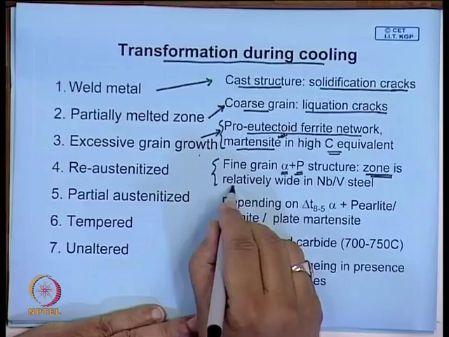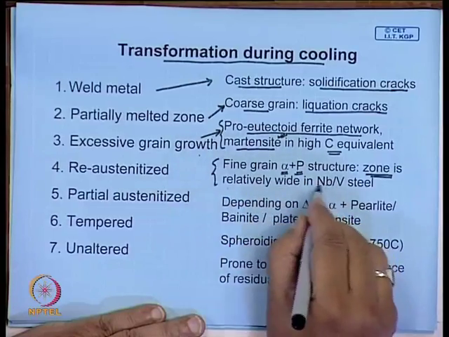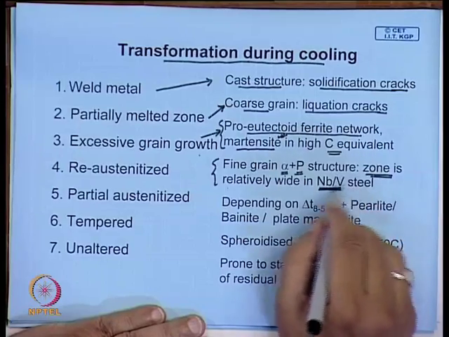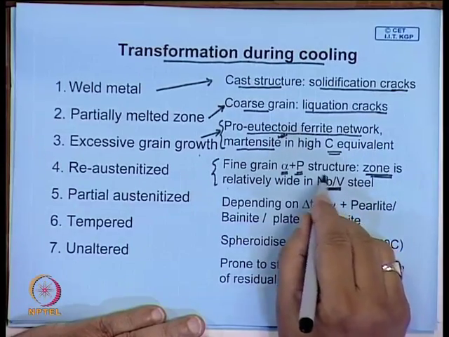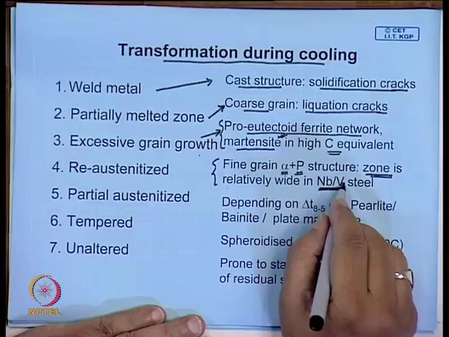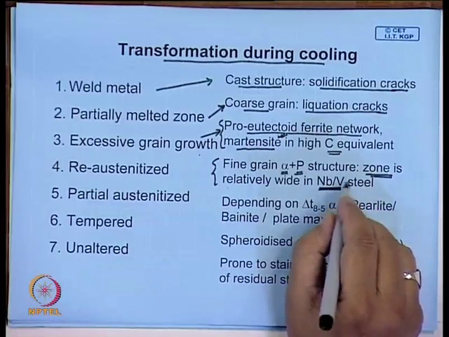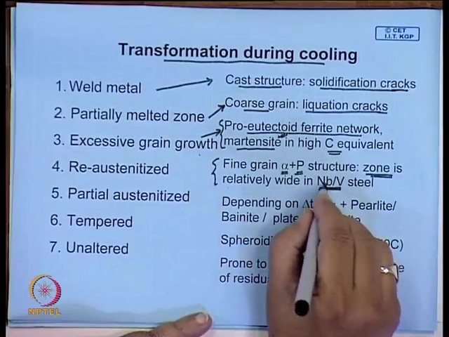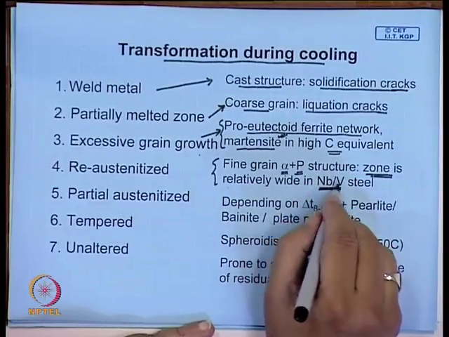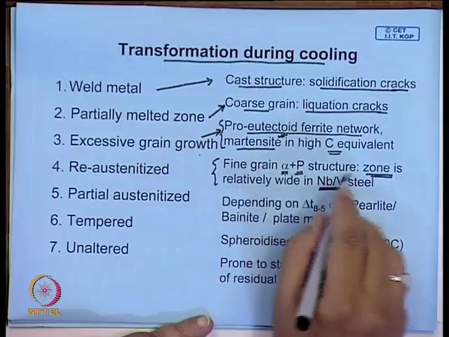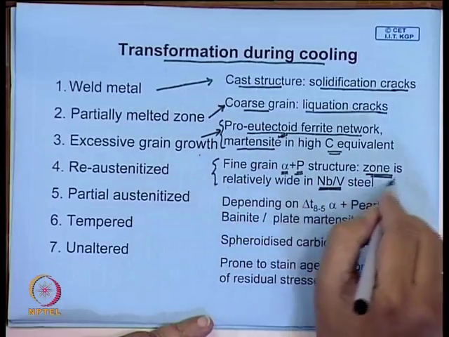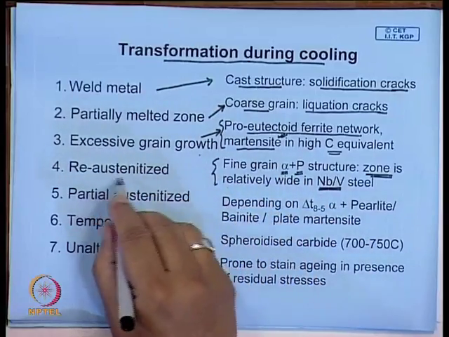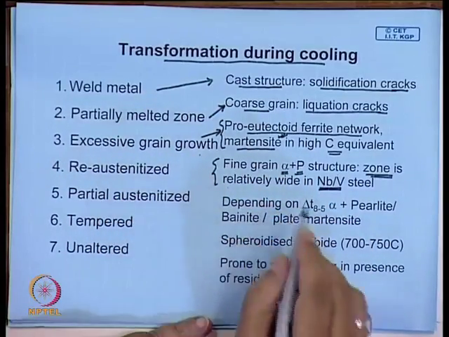This is because the bulk of the steels that are welded are microalloyed steels, they have some amount of niobium and vanadium added, and their nitrides and carbides are grain growth inhibitors, they do not allow the grains to grow. So, therefore, this particular zone, the re-austenitized zone, is usually quite large in this type of steel.